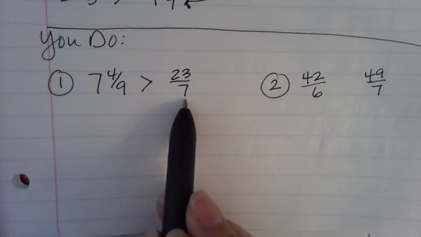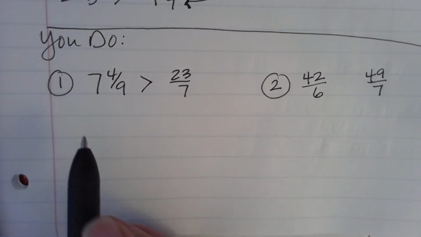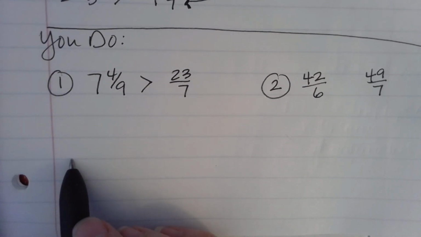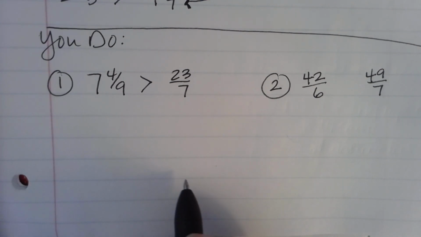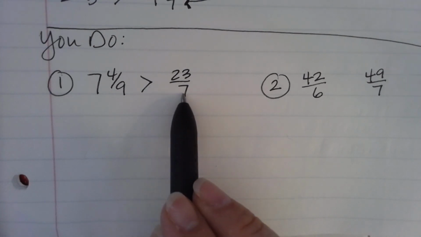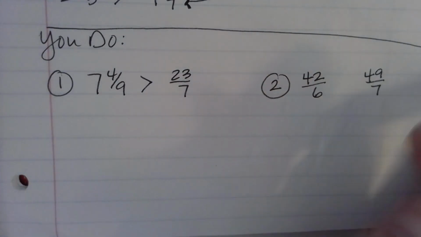So immediately I know that this one is smaller. It's that simple. I don't even have to fully divide it. I don't even have to make a full mixed number. You can just take a look at what it would be like as a mixed number, and that one falls into place.